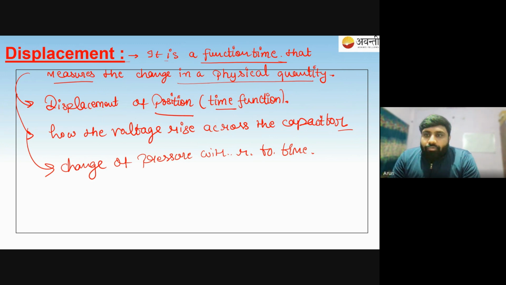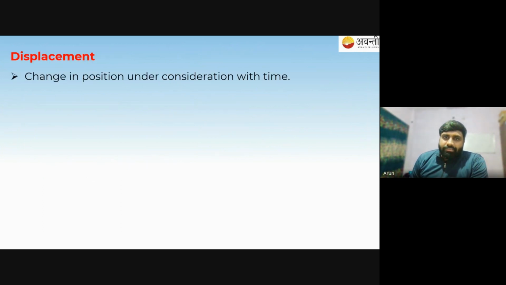From this chapter onward, do not make a rigid concept that displacement is only the minimum distance between 2 points, because displacement is the function of time. Got it?